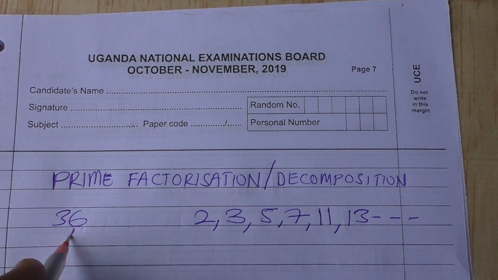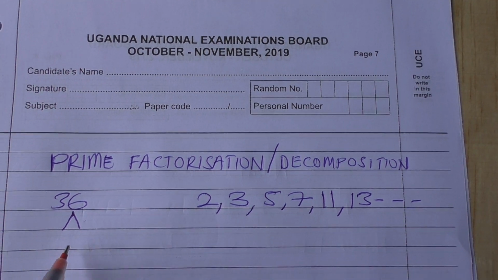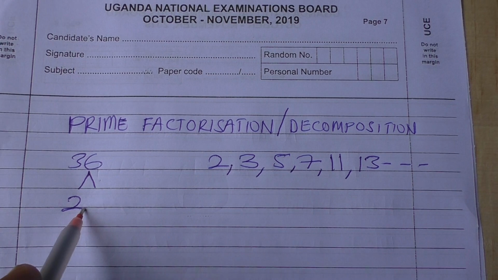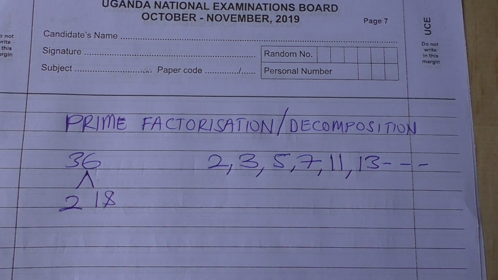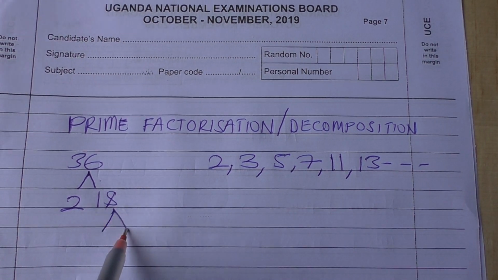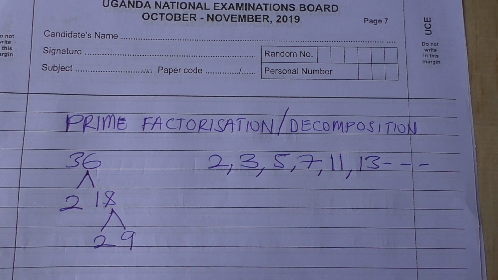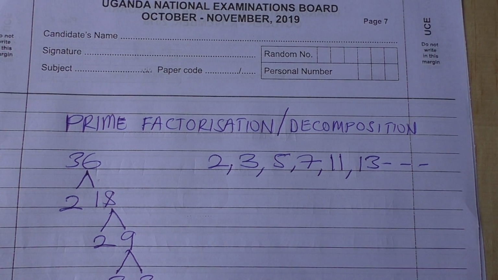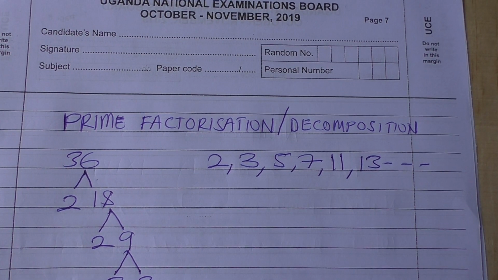So by 2 you get 18, still by 2 you get 9, then by 3 you get 3, by 3 you get 1.